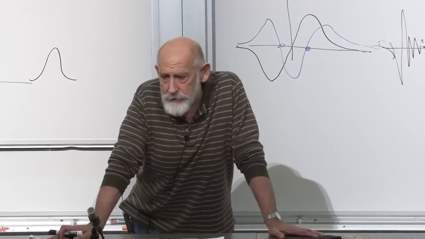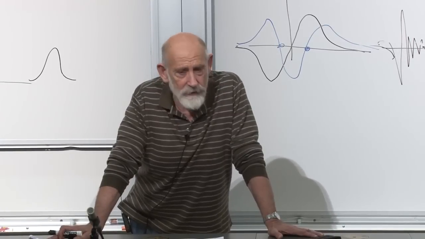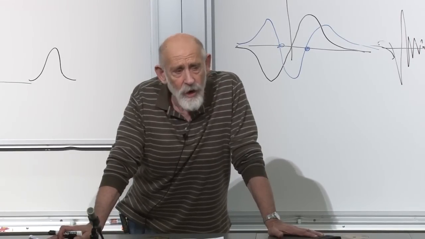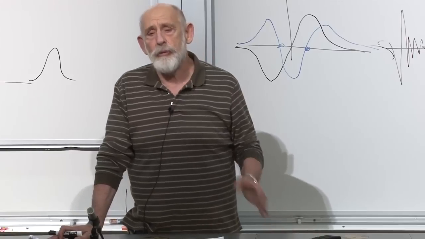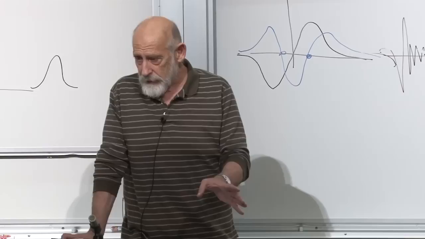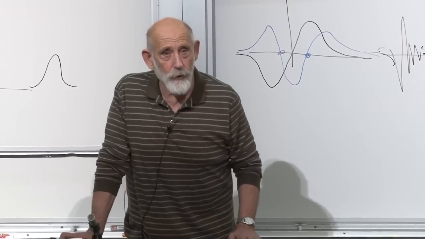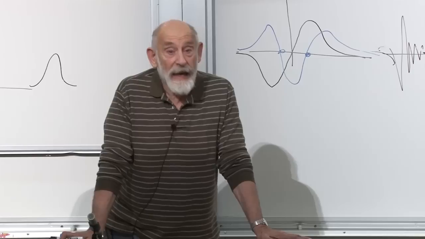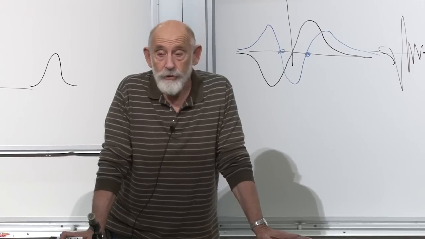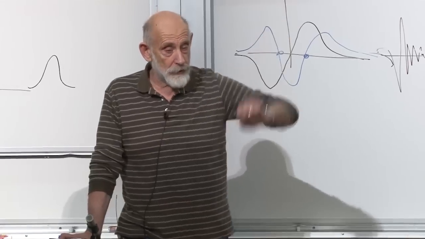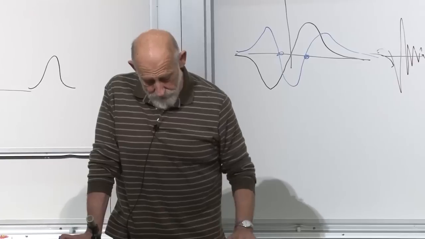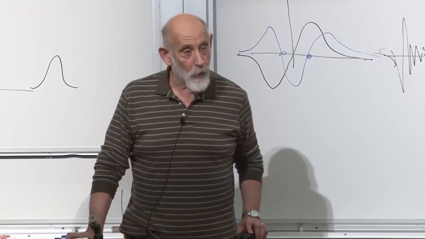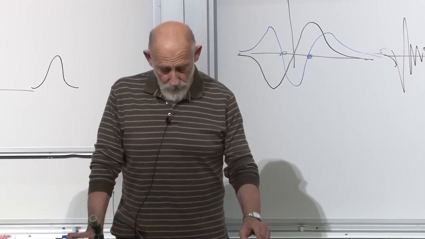It's a matter of choice and taste whether you think of it as literally a little spin or just a mathematical property that you attach to the electron. But whatever it is, it's angular momentum. It transforms under rotation. When you rotate coordinates, the state transforms.